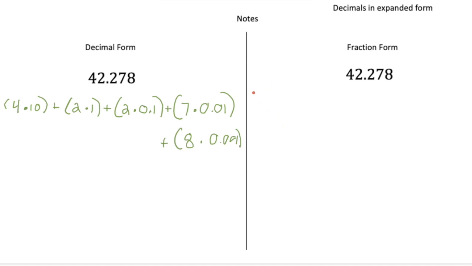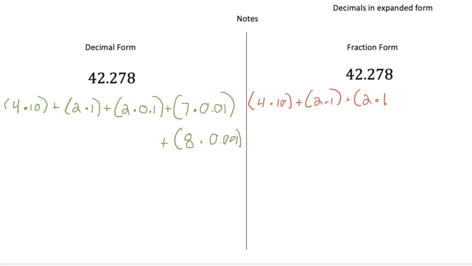All right, so we're going to have 4 times 10 plus 2 times 1. So again, that first part doesn't change. All right, but now we're going to have 2 times, now over here it's 0.1. Well, 0.1 is 1/10.